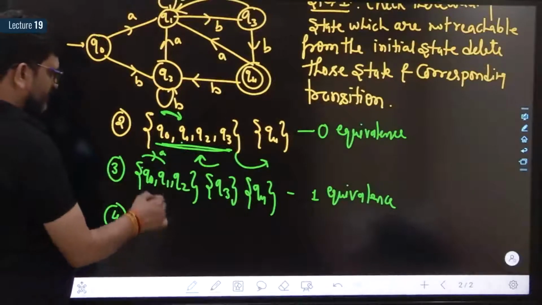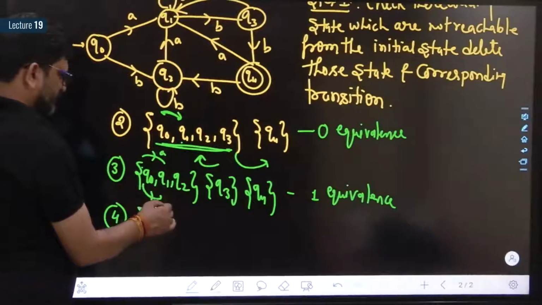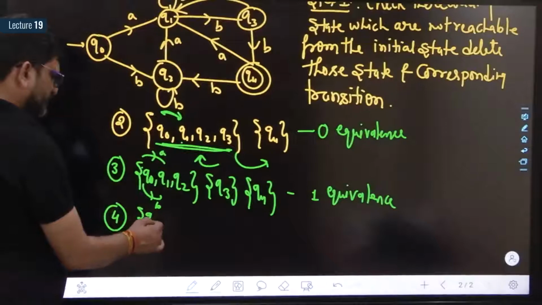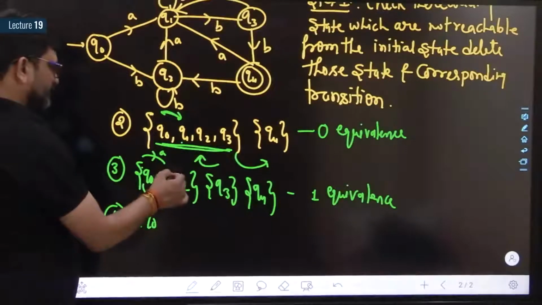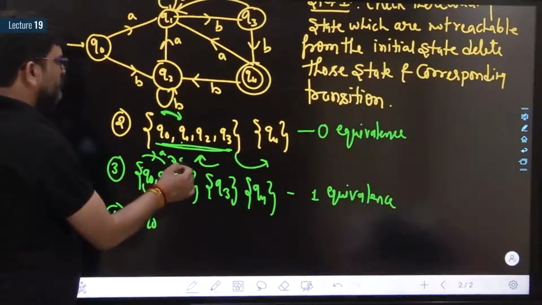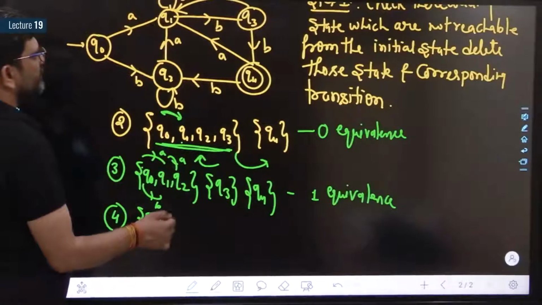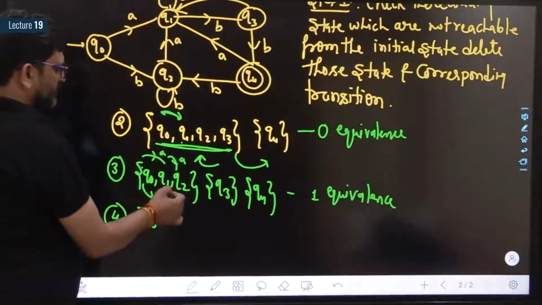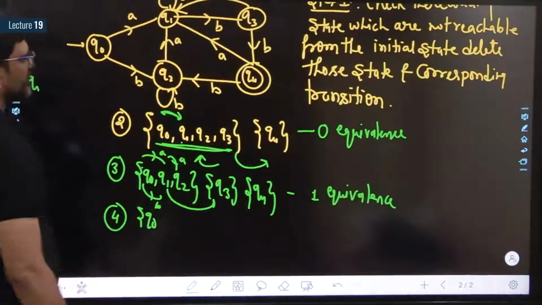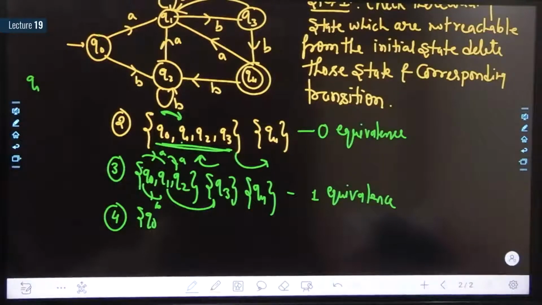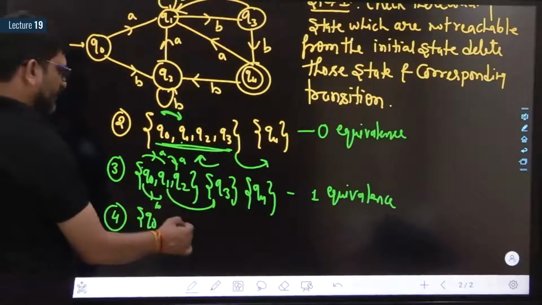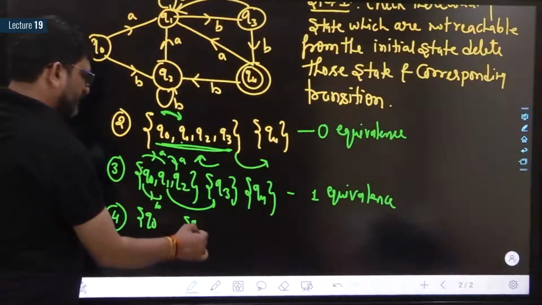On B, this set. Q1 on A, same set. Q1 on B, here. It means Q0 and Q1 are not equivalent.